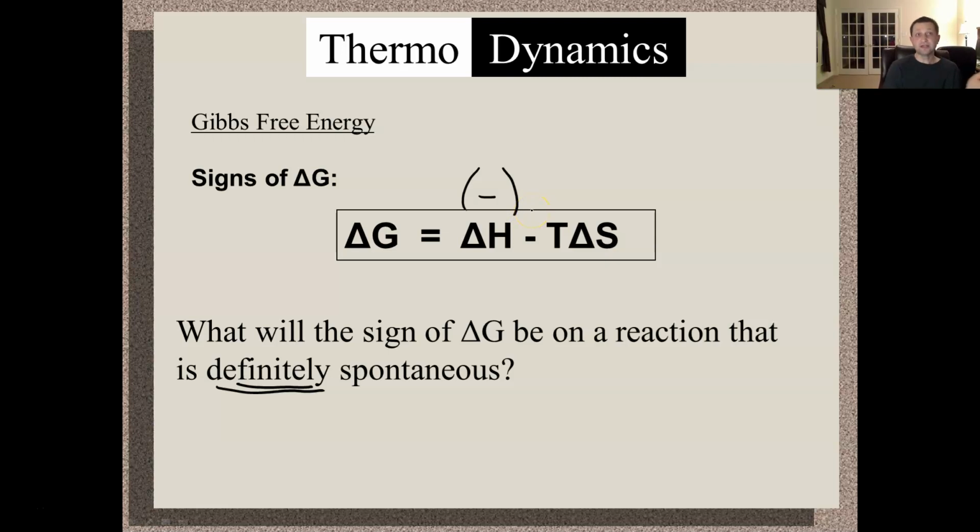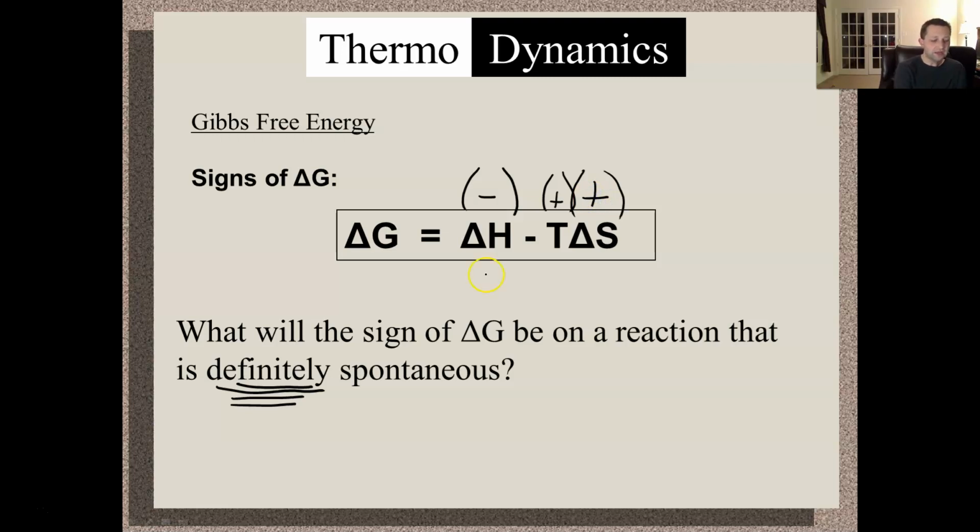Your temperature is in Kelvin. It has to be above 0 because 0 Kelvin is the lowest you can go, right? So you know your temperature value is positive here. It'll always be positive. And then look at what your delta S value has to be. If you want something that is definitely spontaneous, remember your delta S, your entropy, we want to be positive.